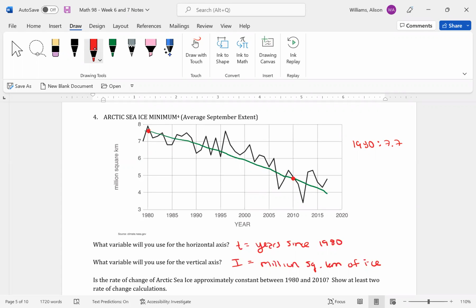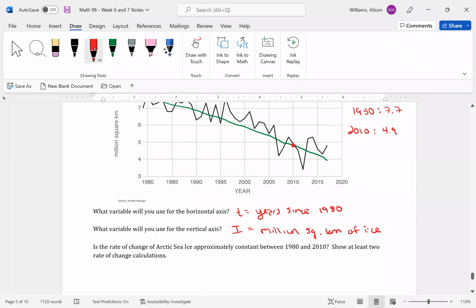So 2010 would be less than 5. So how about 4.9? So 7.7 minus 4.9, on my calculator, I'm getting 2.8. And let's see, that's a 90-year period. So divide that by 90. And that is giving me 0.0.